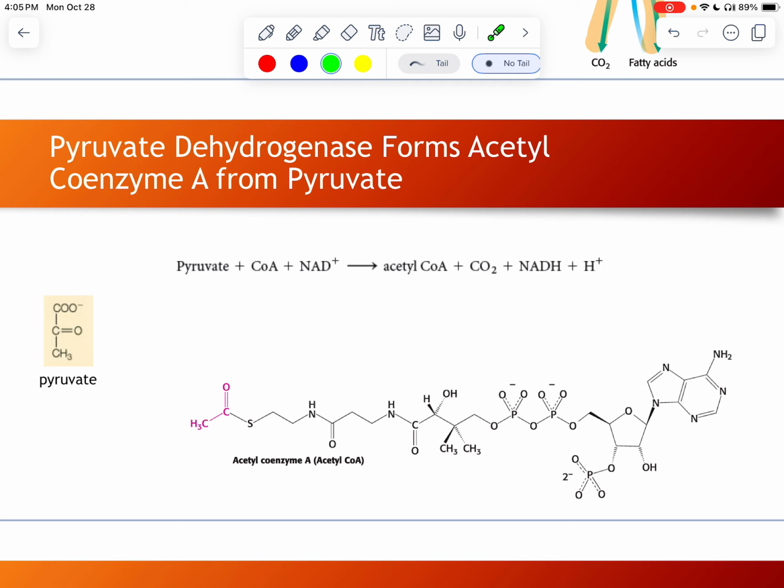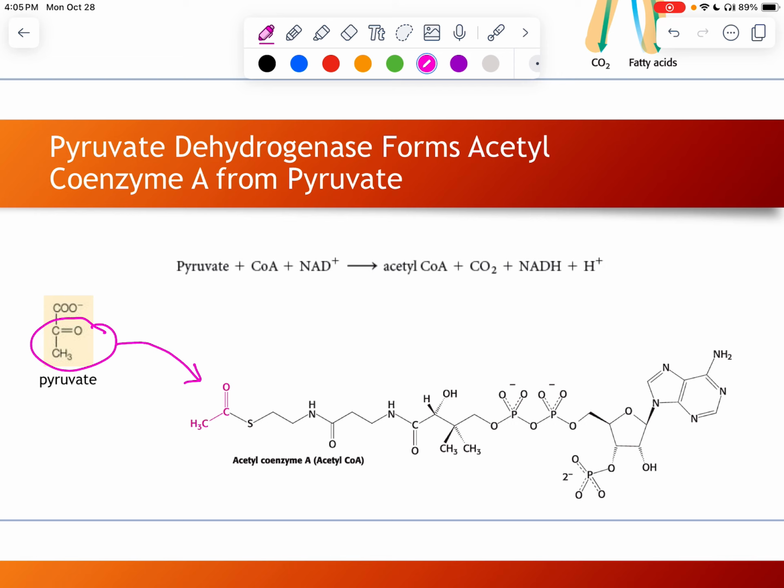And this piece right here of our pyruvate is going to get added on to our coenzyme A. So the part in black here is all from the coenzyme A. And this part in pink for acetyl-CoA came from right here. Here, we can circle that in pink. Right here is going to get added on there. And we're going to take a look at how this happens.